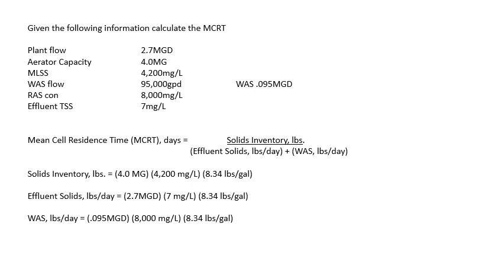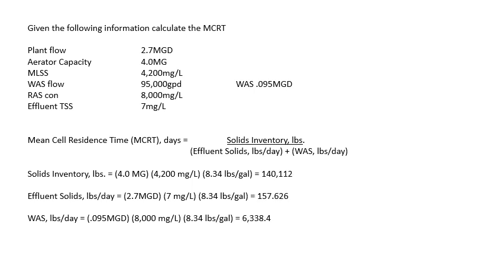And your WAS pounds per day is equal to your waste sludge flow of 0.095 million gallons a day times your waste concentration, or your return activated sludge RAS, of 8,000 milligrams per liter times 8.34 pounds per gallon.